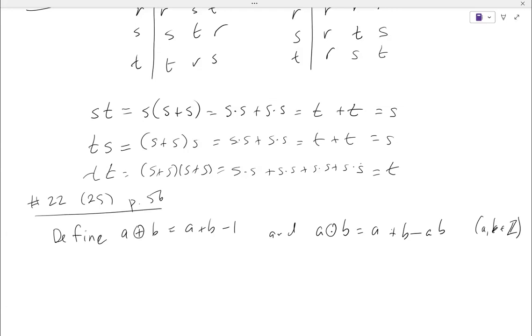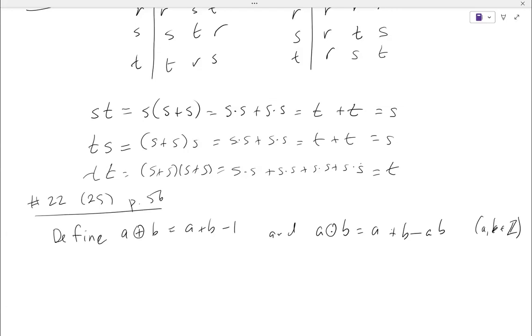Okay. What about commutativity? Well, we'll do commutativity just by looking at it rather than writing it down. If I do A ⊕ B, I have this. What do you get if I do B ⊕ A? I get B plus A minus 1, but the only thing I flipped around was this ordinary addition, right?